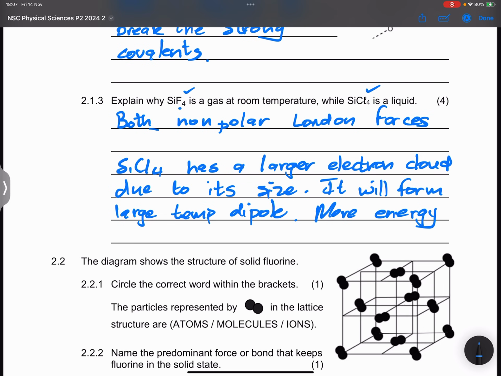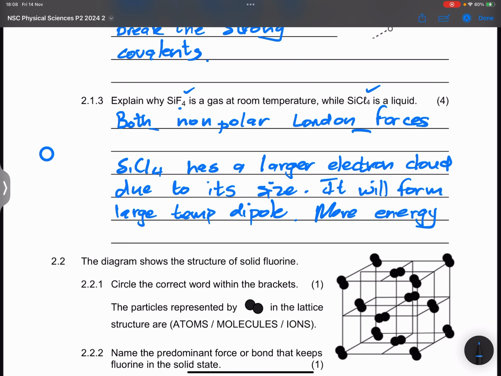So remember, in this case, it's not just the fact that they both have London forces, but when you look at fluoride, it's the first one in group number 7. It has 9 electrons in total, which means you'll have 2 and then 7.